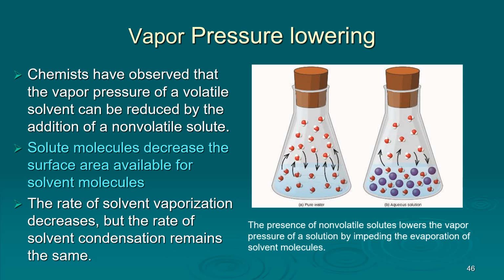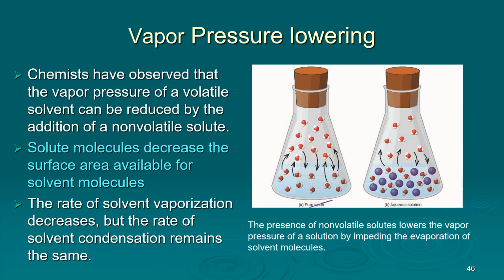So the vapor pressure has decreased. This is because the solute molecules decrease the surface area available for solvent molecules, so fewer of them will evaporate. The rate of vaporization decreases, but the rate of solvent condensation remains the same, and so overall there are fewer gas molecules in the vapor.